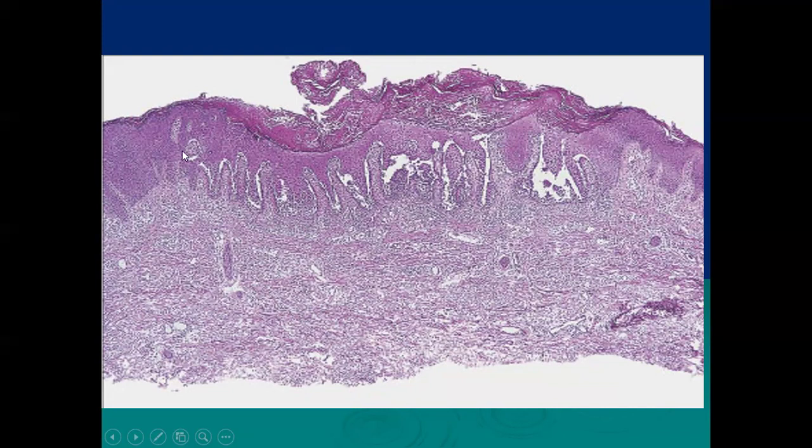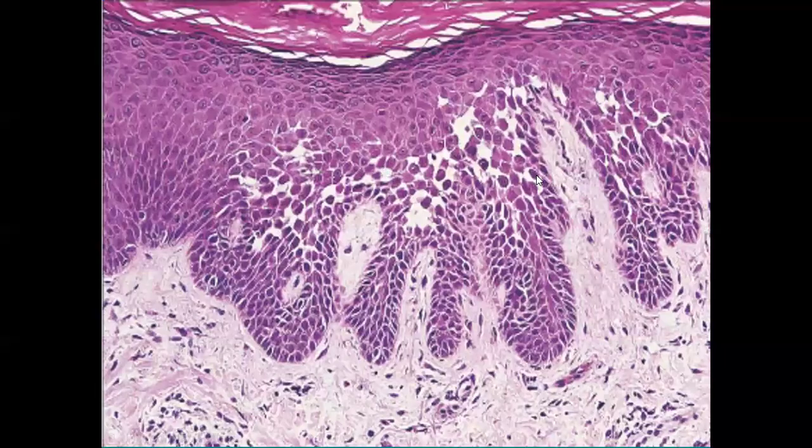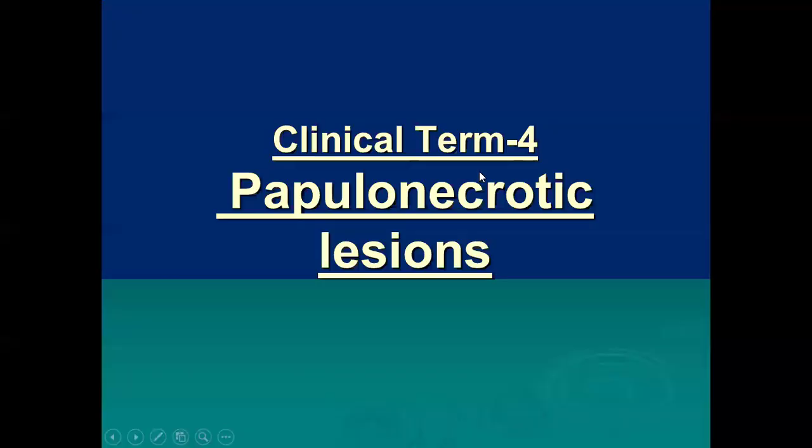So you can see from one edge to the other, lots of spaces or splits within the epidermis. You can see there is no well-formed vesicle or blister here, but the keratinocytes are breaking away from each other, and you can see a few acantholytic cells. So this is a dilapidated brick wall appearance or partial acantholysis.